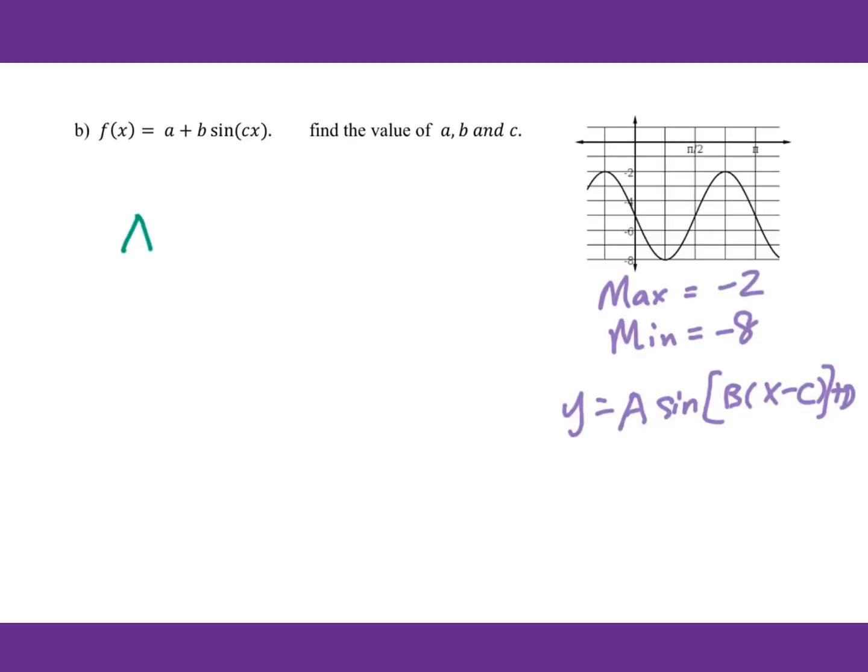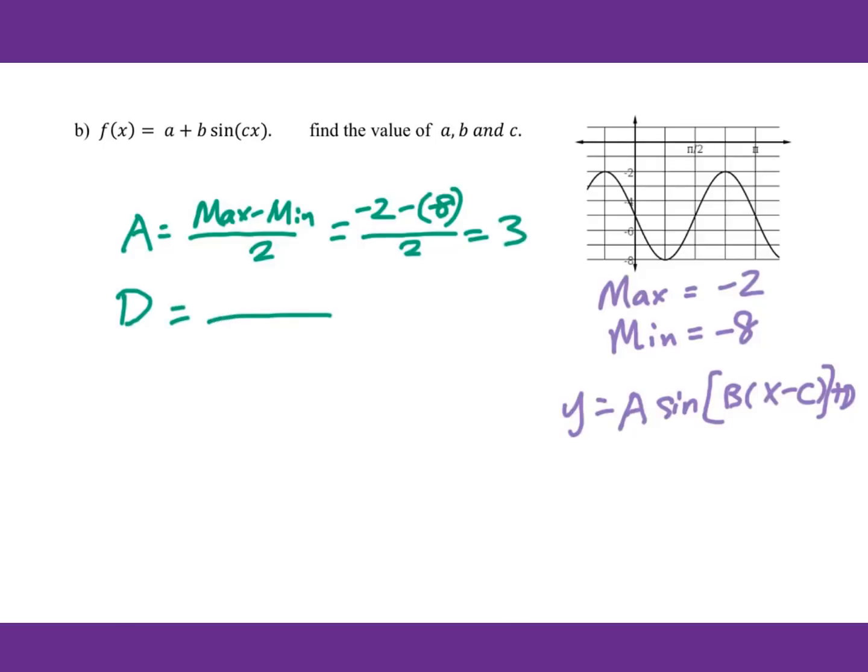we got A equals maximum minus minimum over 2, which means -2 minus -8 over 2 equals 3.